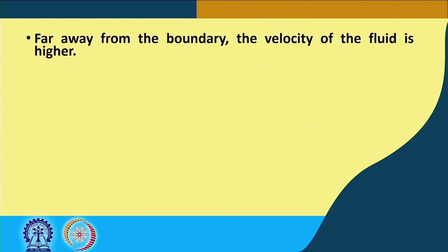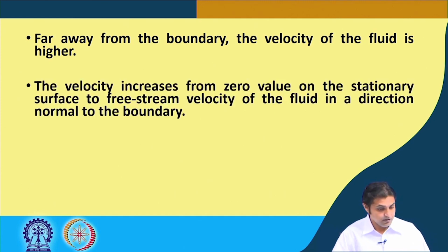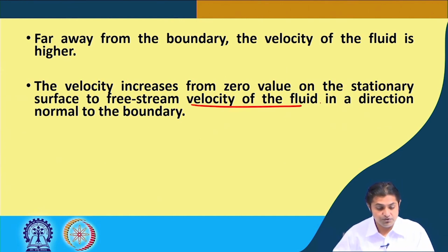So what happens is, far away from the boundary, the velocity of the fluid is actually higher, and the velocity increases from 0 value on the stationary surface to the free stream velocity of the fluid in the direction normal to the boundary. So this is the case when the surface is stationary.